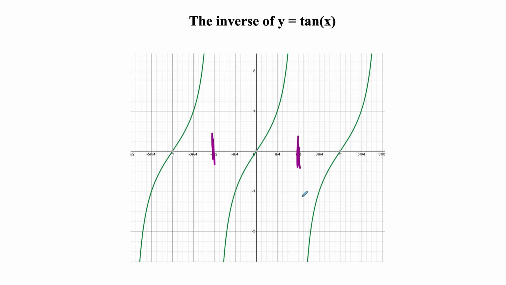So we end up with a domain restriction for tangent from -pi/2 to pi/2, and a range that, because tangent is different, heads off to positive infinity, and the same in the negative direction. So we end up with -infinity to infinity. Oops, that should be non-inclusive though, right? Infinity never stops. So the inverse functions have very specified domains and ranges.